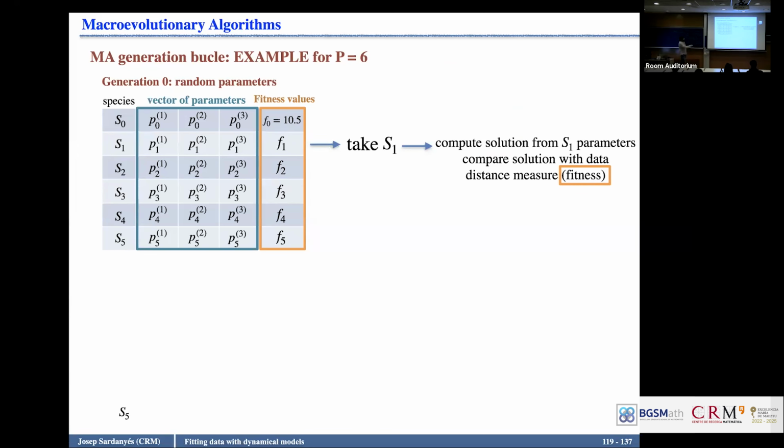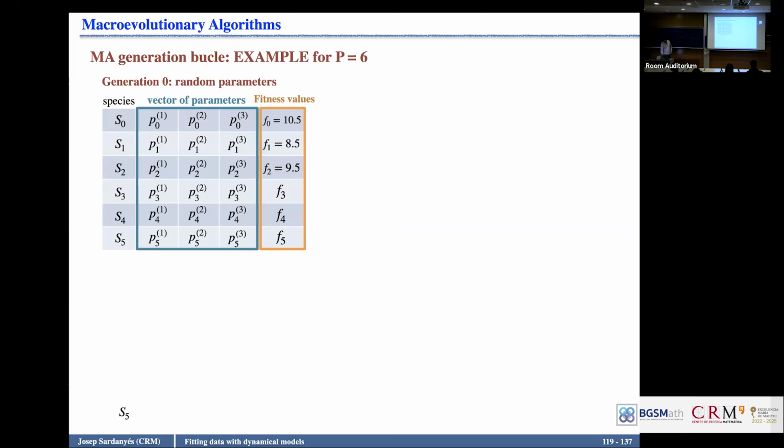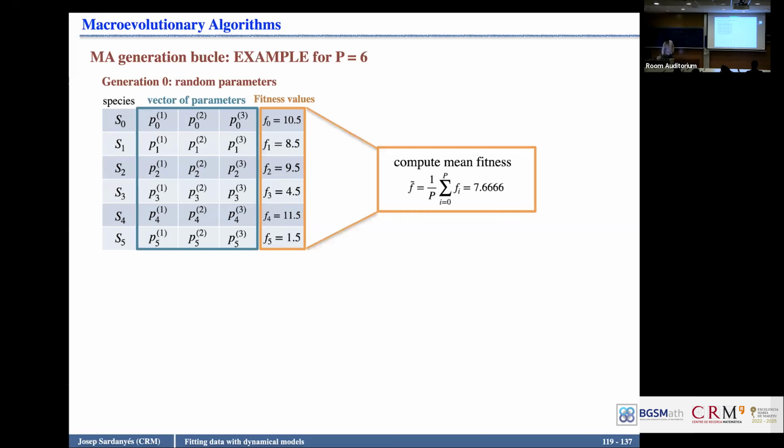So imagine for the first species, we have a fitness of 10.5. Then we repeat the process with random parameters, and at the end we finish with this set of fitness values for each parameter combination. What do I do then?